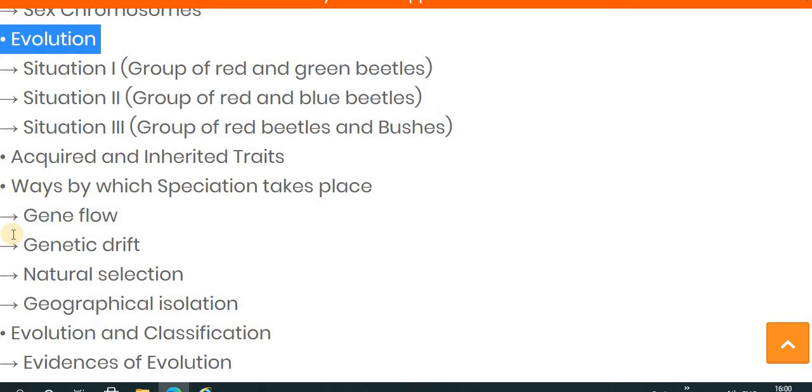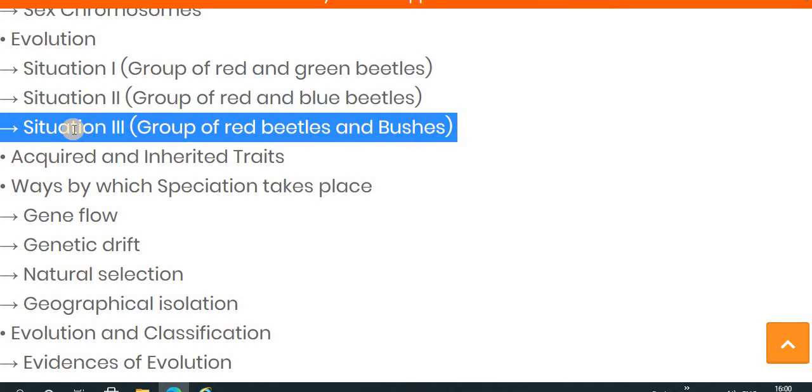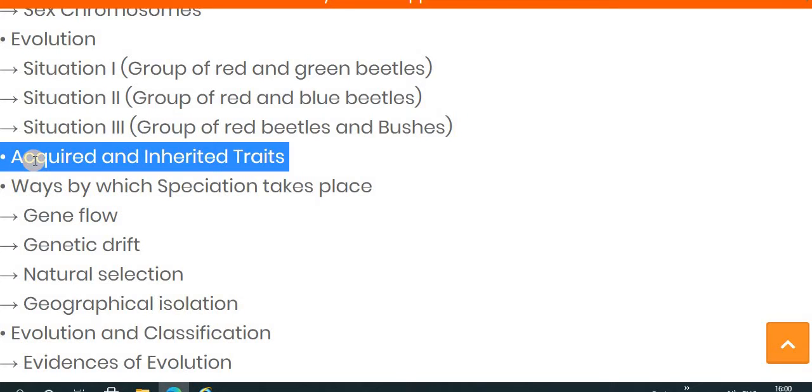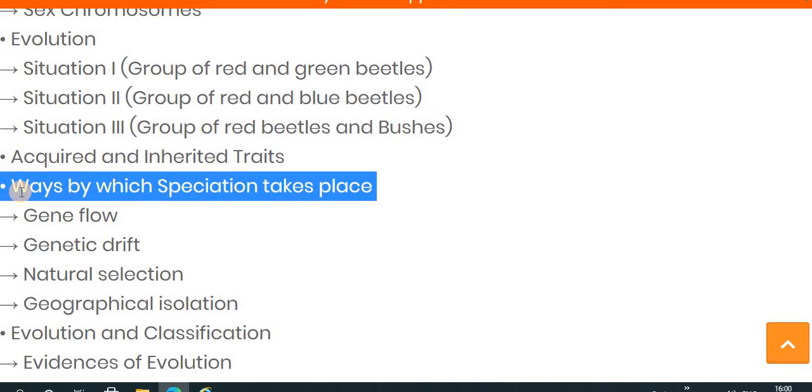In the first situation, there is a group of red and green beetles, in the second situation a group of red and blue beetles, and in situation 3, a group of red beetles and bushes. Later we will discuss acquired and inherited traits and compare them, what the difference is between the two, then the ways by which speciation takes place, meaning the factors which affect speciation.